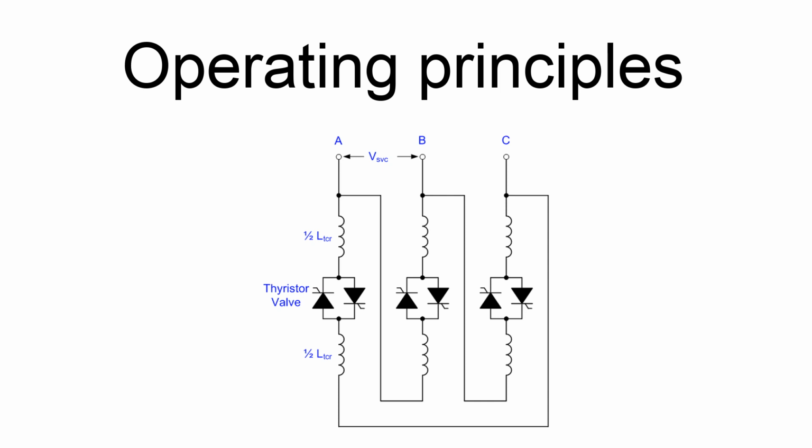As alpha increases above 90 degrees, up to a maximum of 180 degrees, the current decreases and becomes discontinuous and non-sinusoidal.